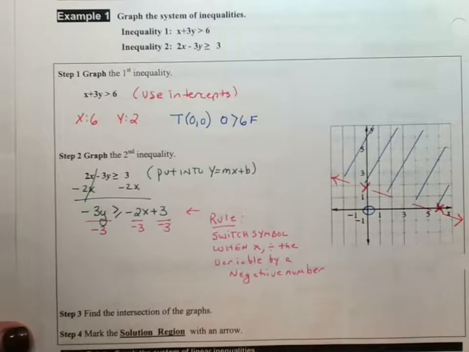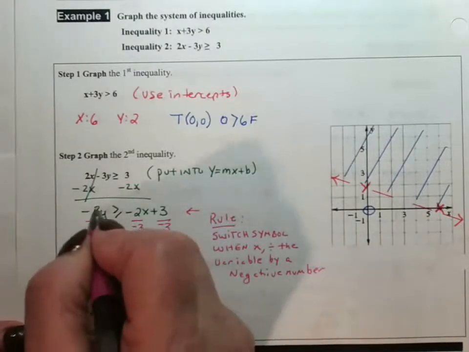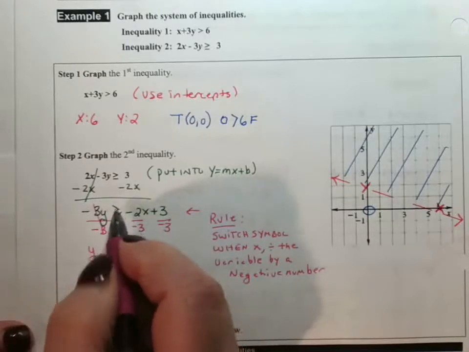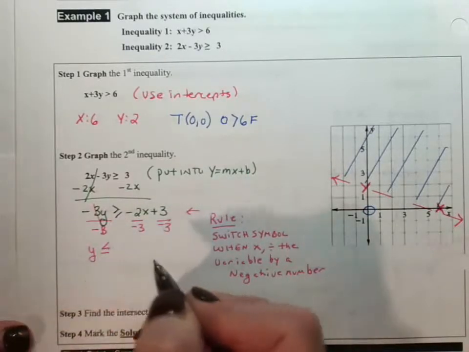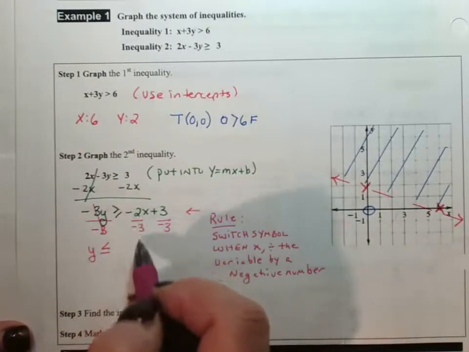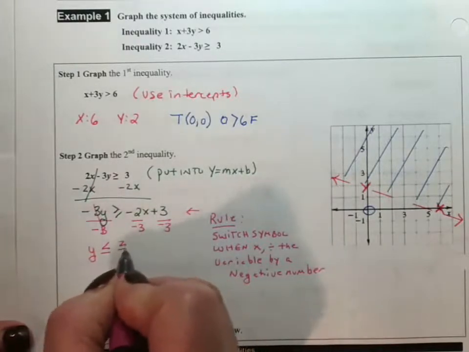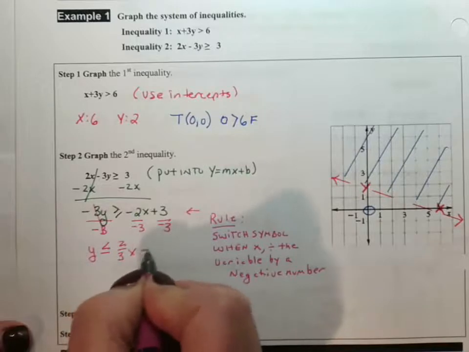Okay. So that means that this cancels out. I have y. I have to change it to less than or equal to. This simplifies. 2 negatives make a positive. 2/3 x minus 1.